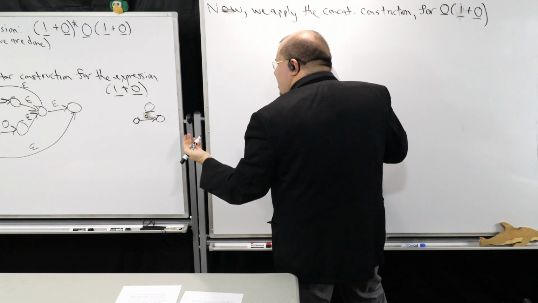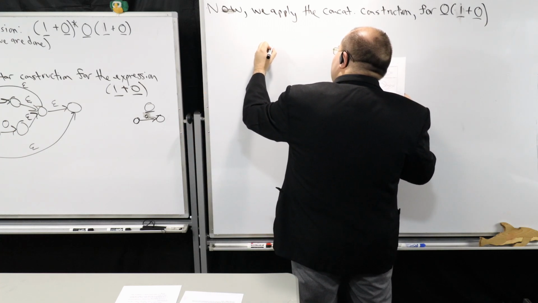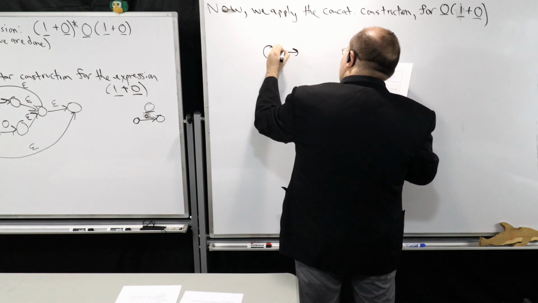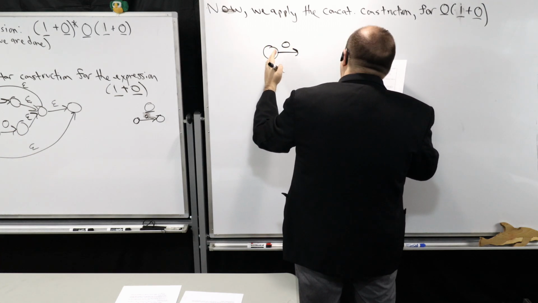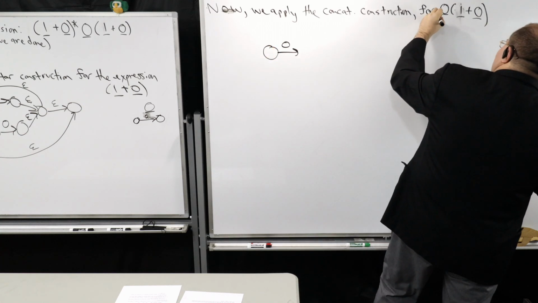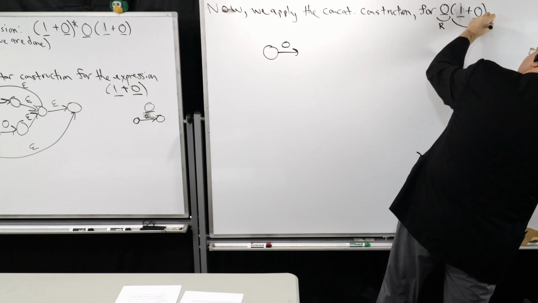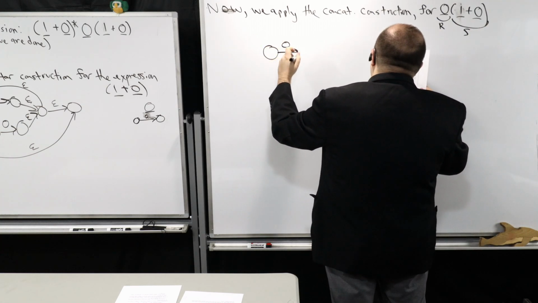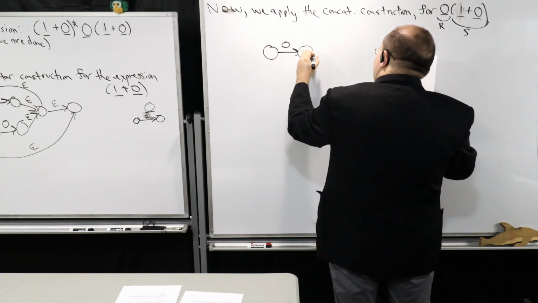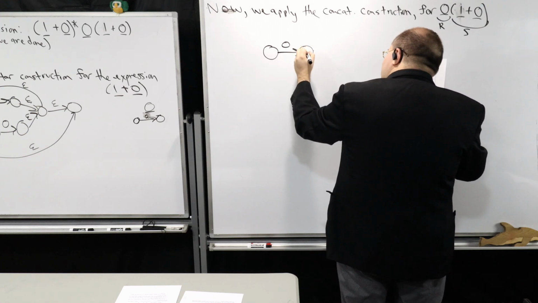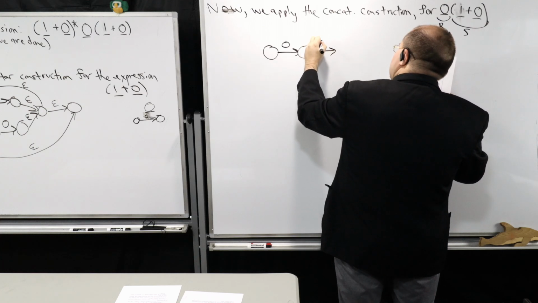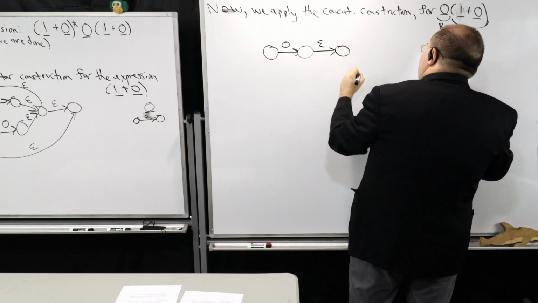So remember, for the concatenation, I start off with my start state from the original for R. So remember, this is R right here. This is S. So this is the start state for the new automaton. Then I have an epsilon move that's going to get me from the final state of the original for R to S. But what's this?